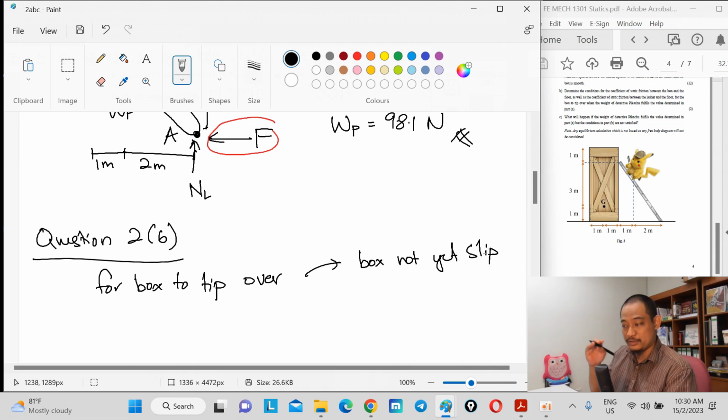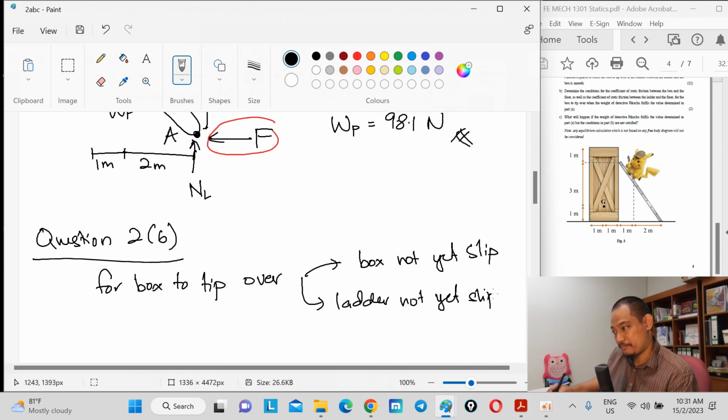If the friction already reached the maximum value and it slips, then the tipping will never occur, right? And the second, the ladder does not slip yet as well, because if the weight of Pikachu is big enough that the ladder already slides down, because the friction here cannot sustain it, the box will not tip over either. So there are two conditions for the box to tip over. One is the box has not slipped yet, and the ladder has also not slipped yet. Hence, this is why it relates to mu, the coefficient of static friction.